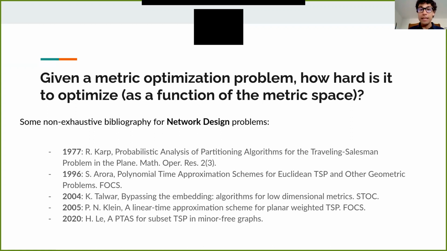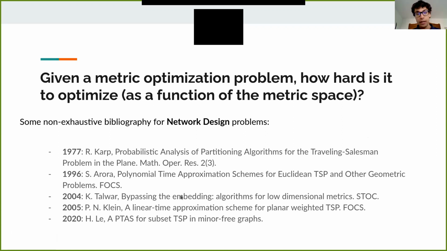That's the only property you really need to get approximation schemes for this type of problem, for network design problems, but also like facility location and so on, in low-dimensional metrics. So you can go beyond the Euclidean space. You can have a slightly more general metric space that is also low-dimensional in some sense and get approximation schemes. So that was the generalization of this.